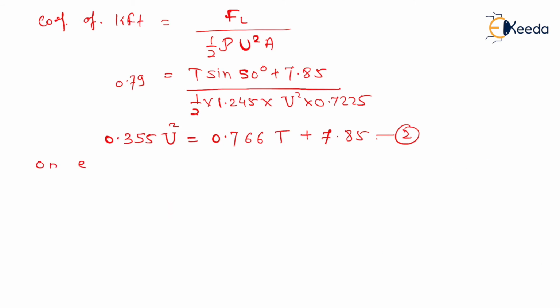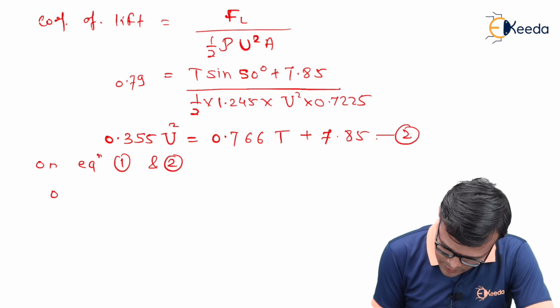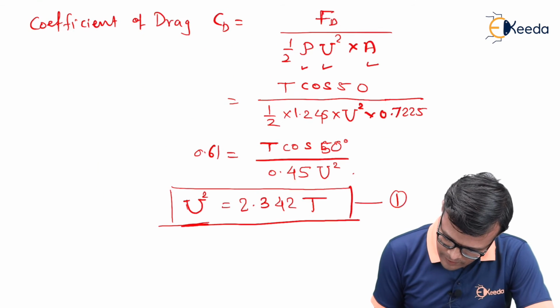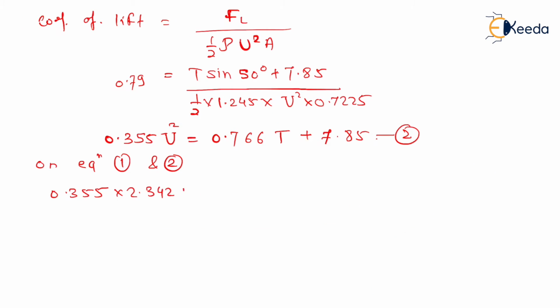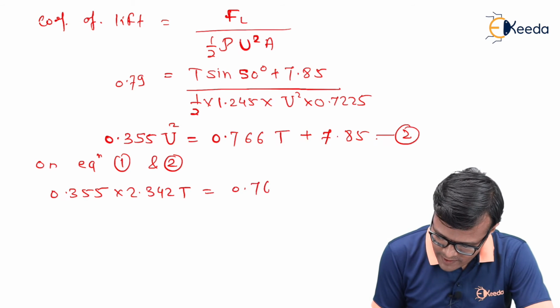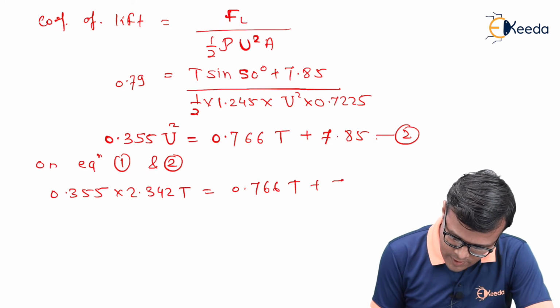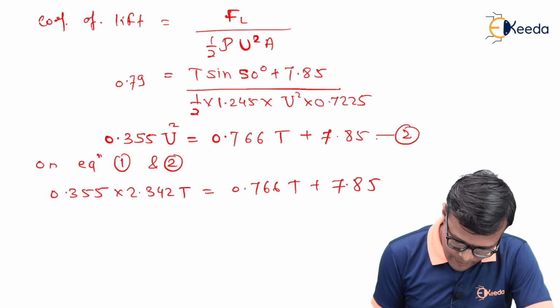So I have another relation, we can call it equation 2, and this one equation 1. Using equations 1 and 2, 0.355 u square, where the value is 2.342 T, equal to 0.766 T plus 7.85.